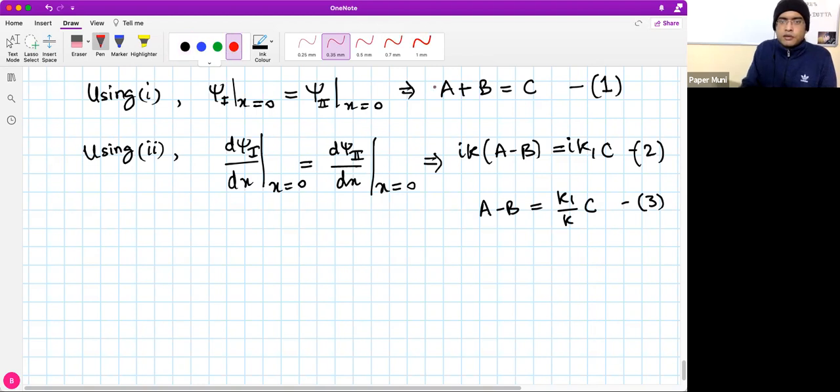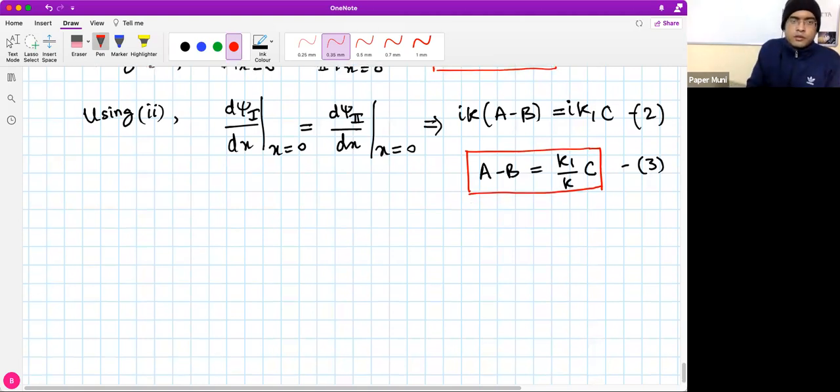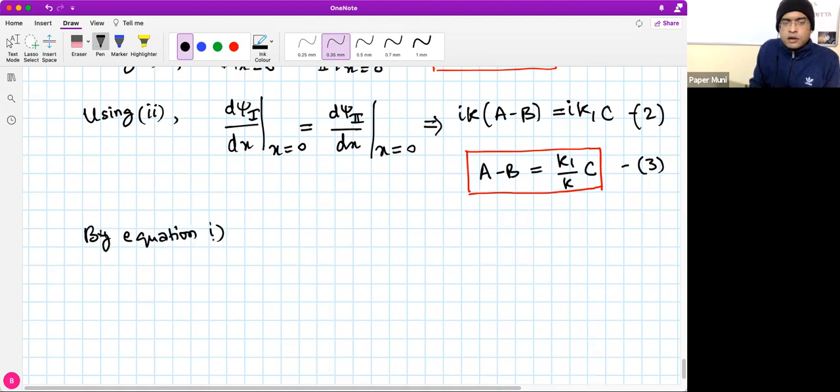You don't need to remember this. These are the things which we have from these boundary conditions. So we see a relationship between A, B, C in both the cases. Now we'll solve for B and C in terms of A. By equation 1 and equation 3, we are just adding them up.